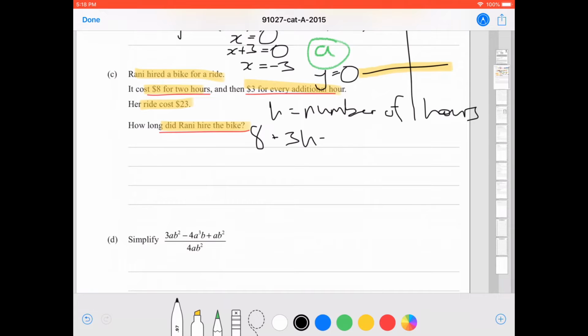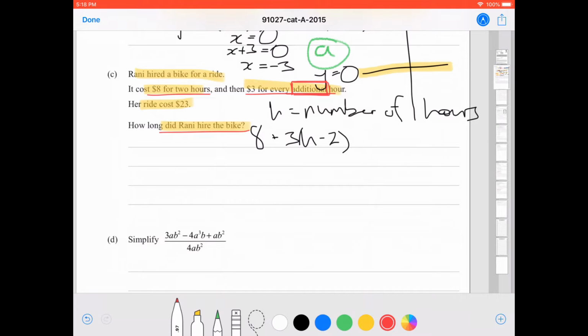Well, if h is the number of hours and we're being charged $3 for every additional hour, that's the key word here, every additional hour, after those first 2 hours, then the $3 charge, well, it says in the question, $3 only applies for third, fourth, fifth, and so on, okay? And that's where we get the h minus 2.